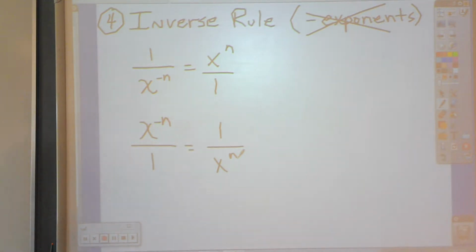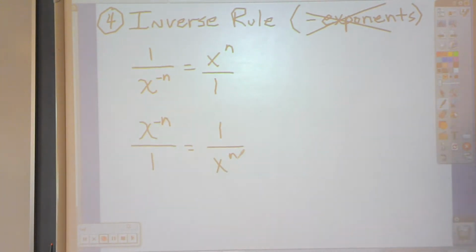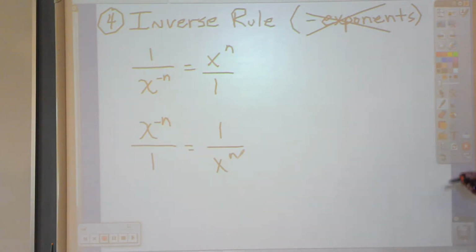Now I'm going to show you an example of this, and I'm going to show you the shortcut version and the longhand version. Let's do a not hard example, but a non-easy example on the board because I want to show you how this rule is used.